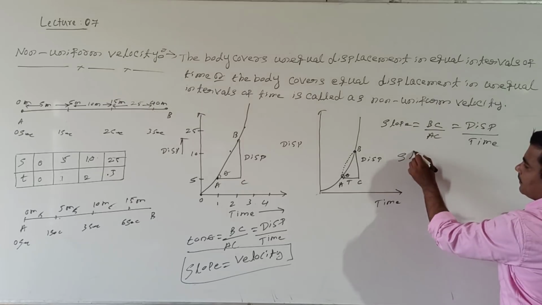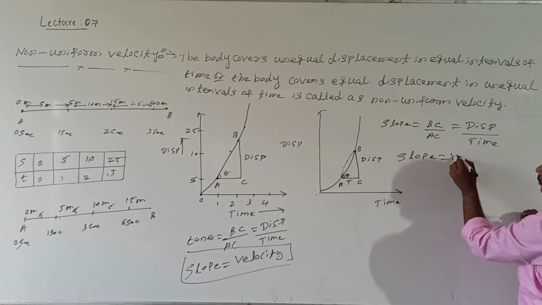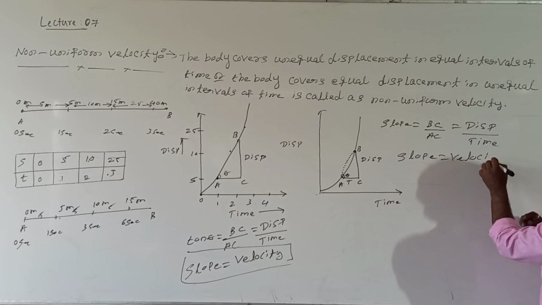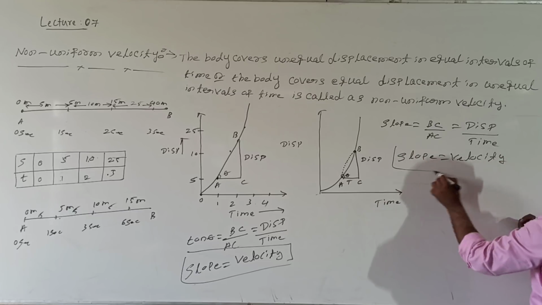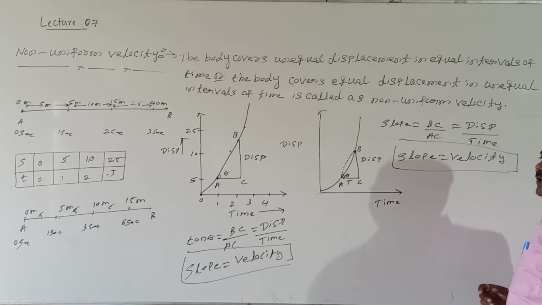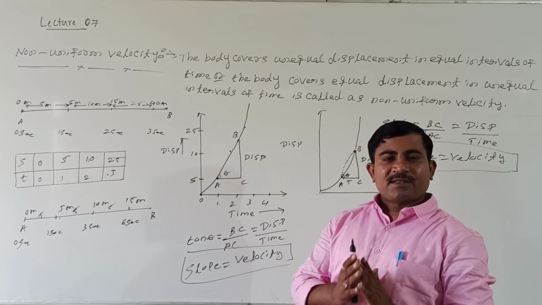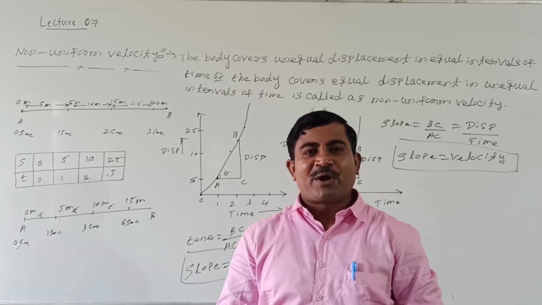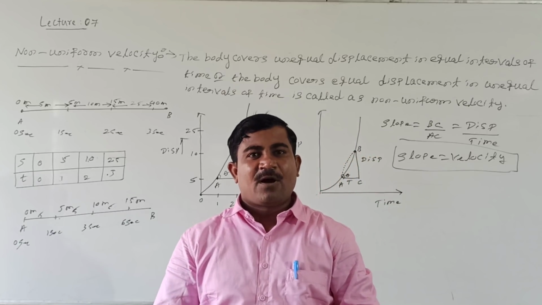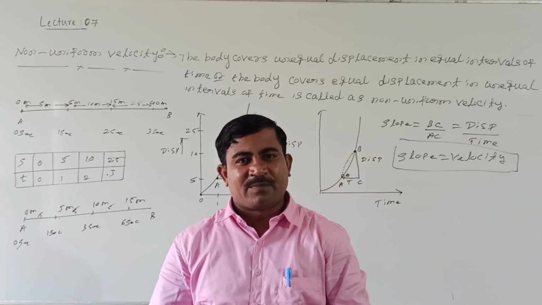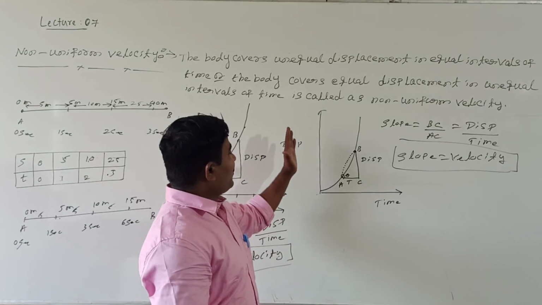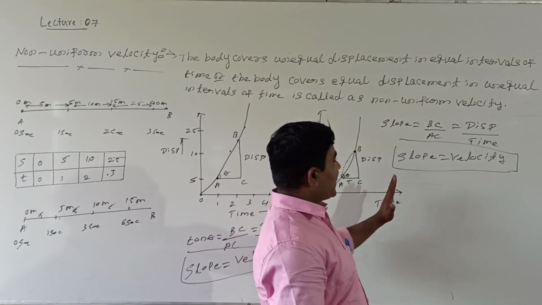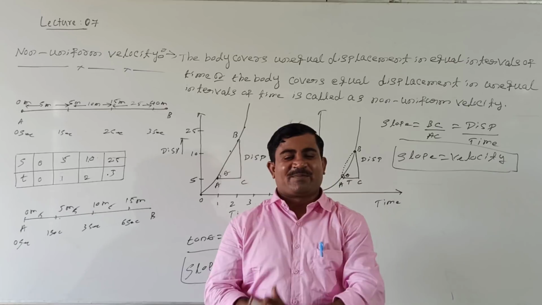Slope directly equals velocity. Then from this, what can you conclude? Whether the velocity is uniform, non-uniform, or average velocity, whatever it may be, the slope of the displacement-time graph indicates the velocity of the body.